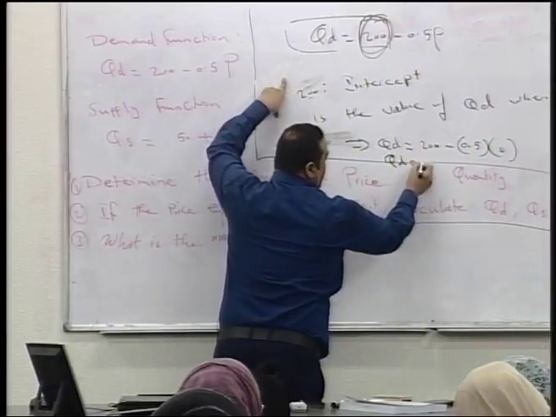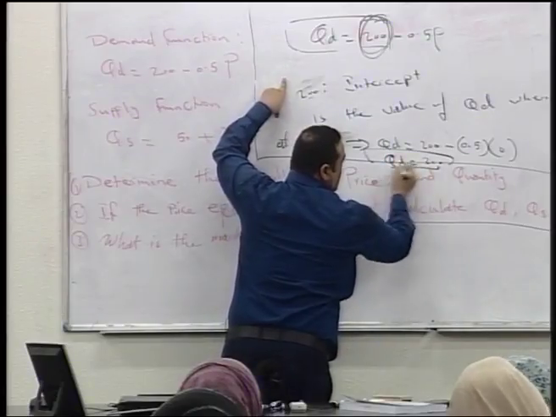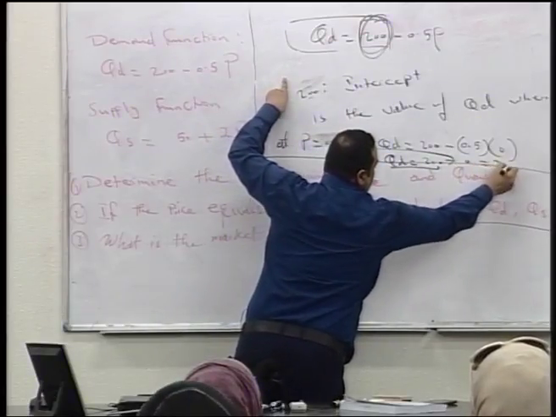QD بيساوي 200. That's it. Minus zero بيطلع 200.